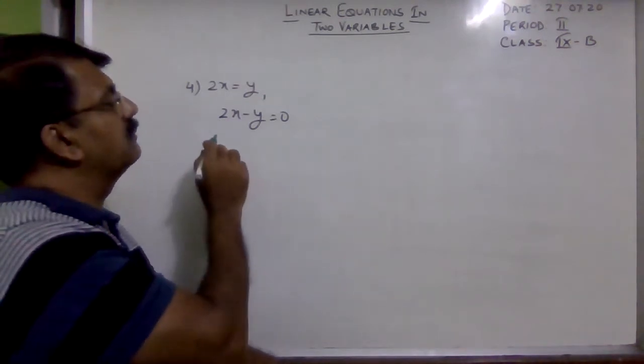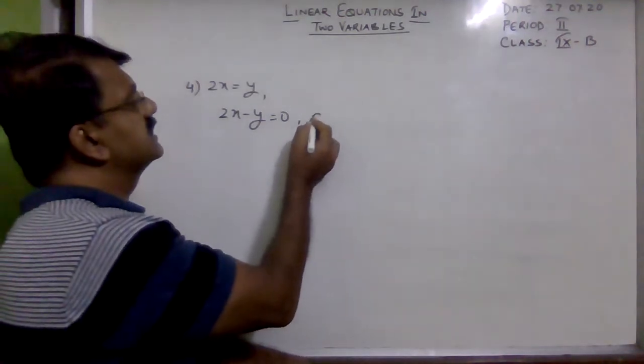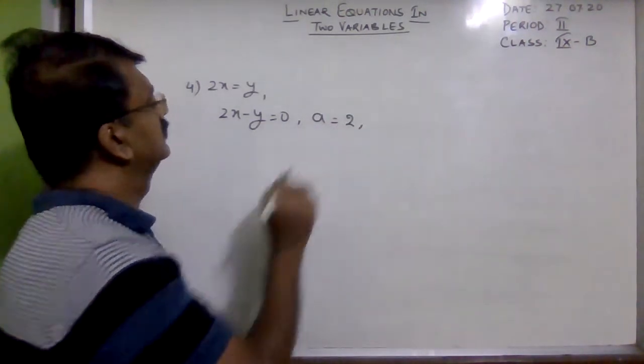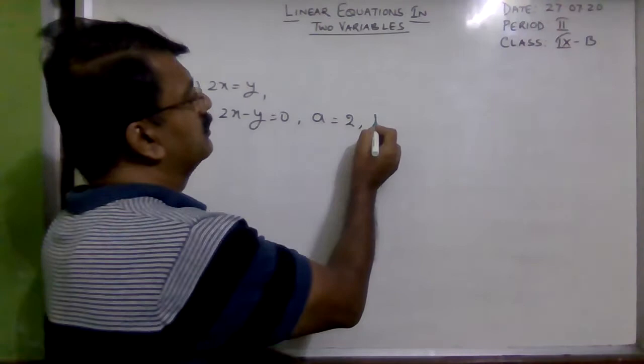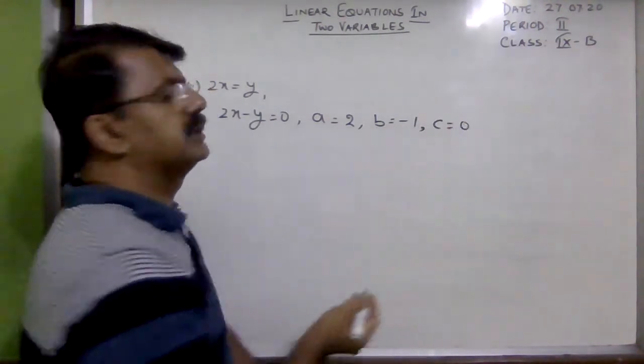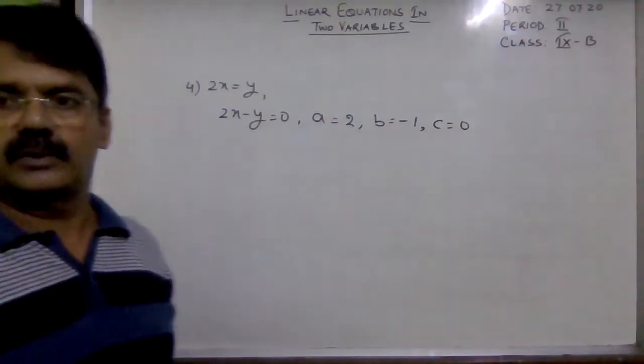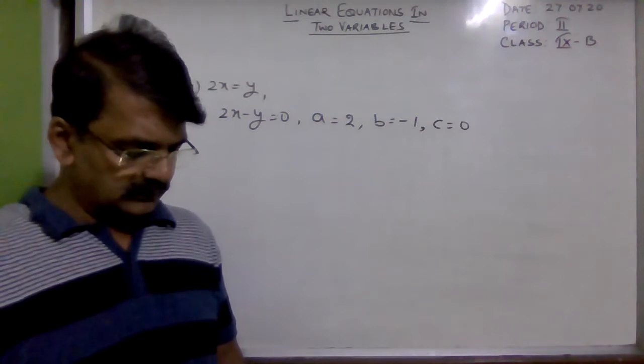Now, if you compare it with ax plus by plus c is equal to 0, then you can see a will be equal to 2, b is equal to minus 1, and as c is not there, so c is equal to 0. No constant term is there, so c is equal to 0. Clear?